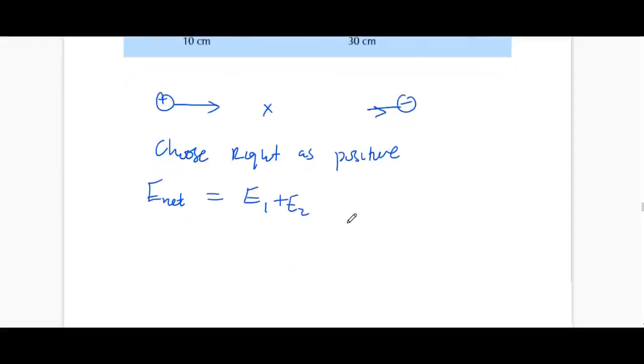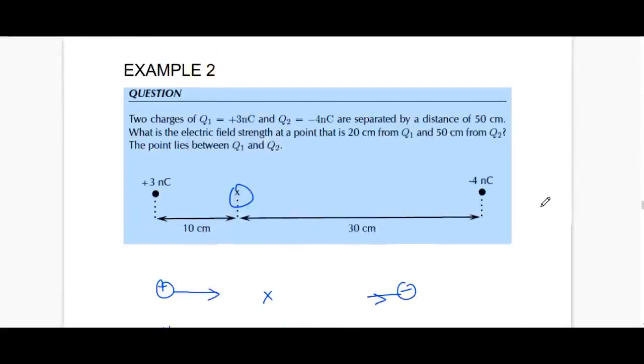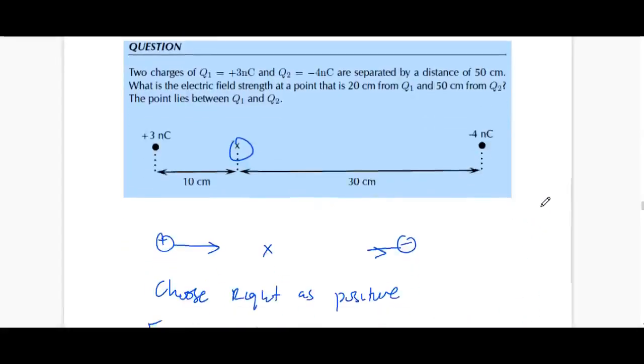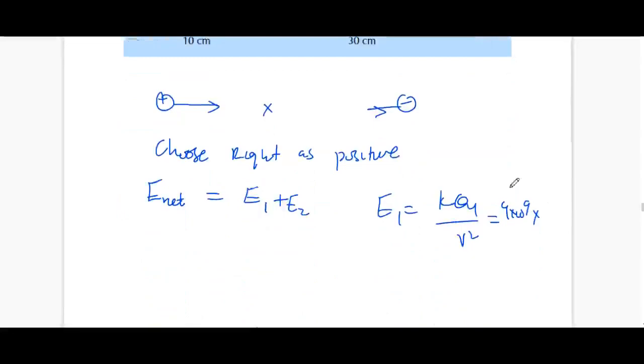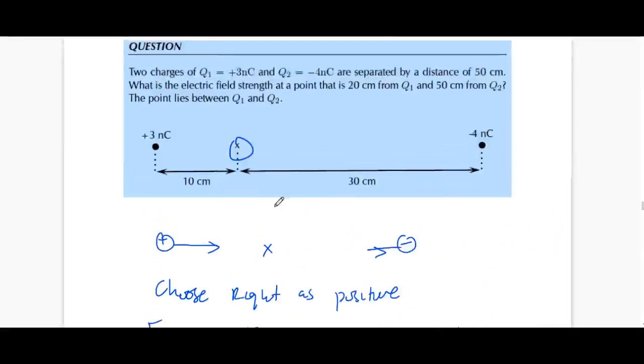E1 is given by KQ1 divided by R squared, so 9 times 10 to the power 9 multiplied by 3 nanocoulombs, divided by what's the distance?